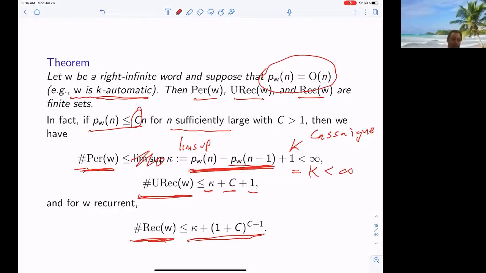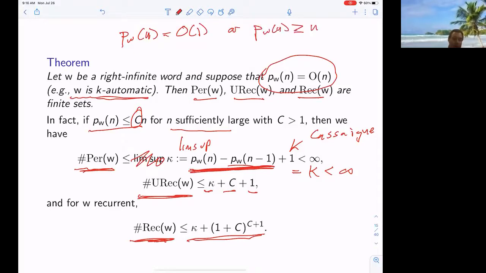And I should say that there's this Morse-Hedlund dichotomy, right, that says that the factor complexity of n is either big O of 1, or it grows at least like n plus 1, which is why the Sturmian words are of such interest, right? It's sort of the first class on this sort of bad side of the dichotomy, right? These are the sort of eventually periodic words that have this property.